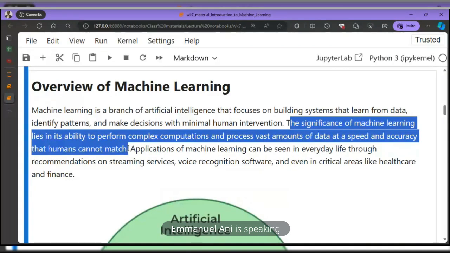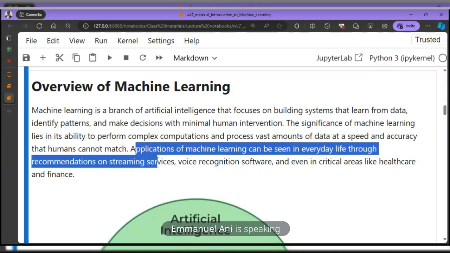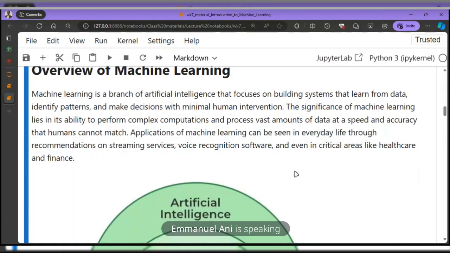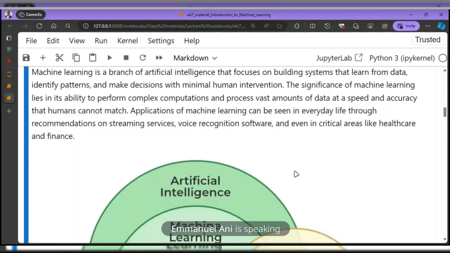That is just it. So these are the things you need to know. Applications of machine learning can be seen in everyday life through recommendations on streaming services, voice recognition software, and even in critical areas like health and finance. As I said, machine learning is applied everywhere. Everywhere you go, you can apply machine learning.